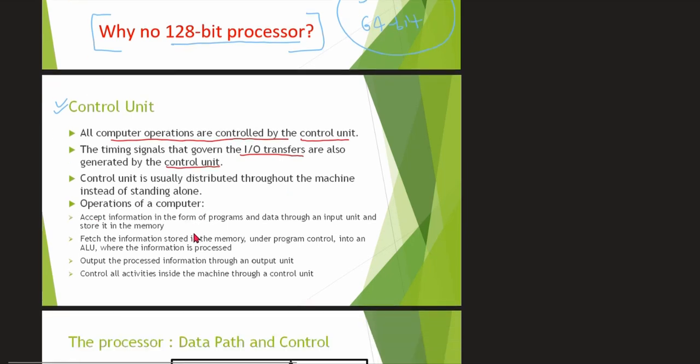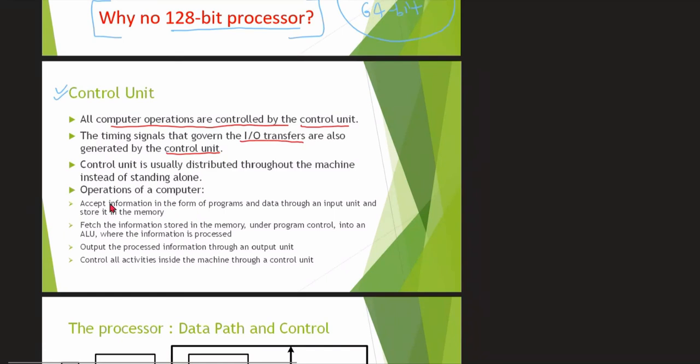The operations of a computer can be summarized in a few points. First, accept information in the form of programs and data through an input unit and store it in the memory. Second, fetch the information stored in the memory under program control into an ALU where the information is processed.